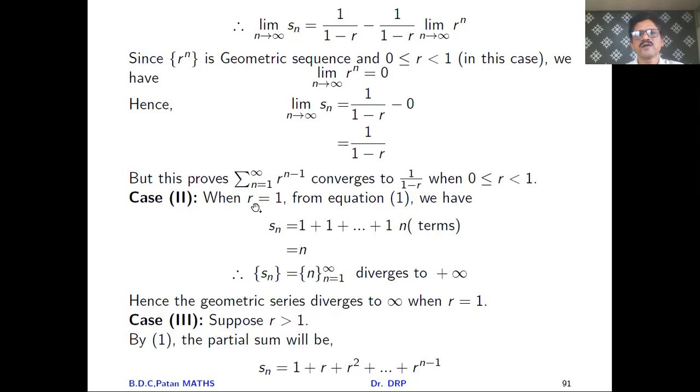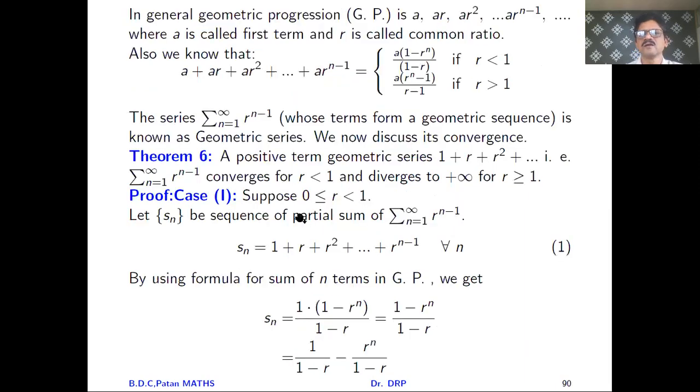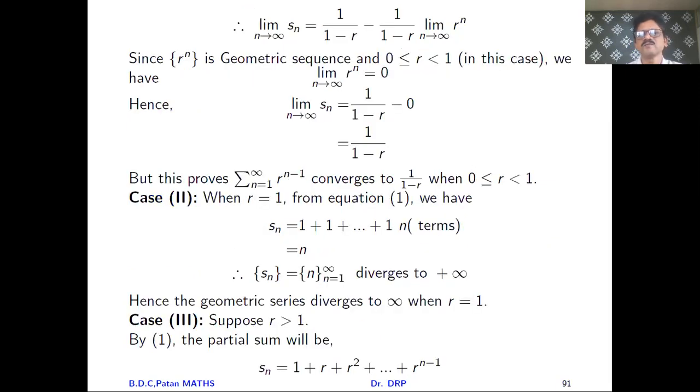Now we will check when r equal to 1 and r is greater than 1, what happens? These are the remaining two cases. So when r equal to 1, from equation 1, if you replace r equal to 1, there you will get 1 plus 1 plus 1, n times, means the sum is n.